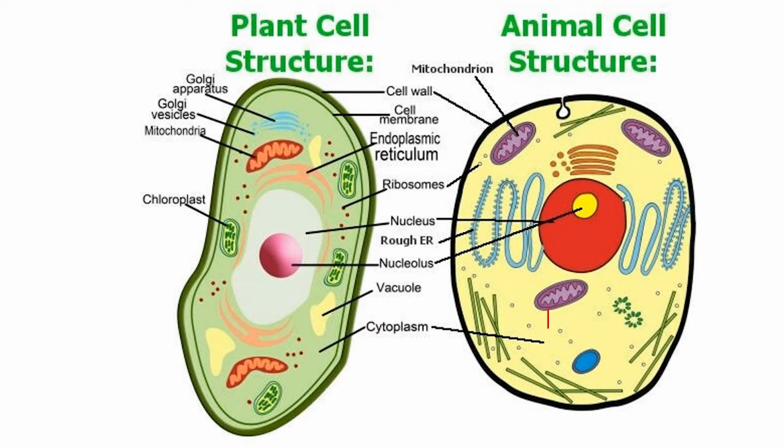So here is one envelope, this is the second membrane. Chloroplast, which is found in the plant cell, also has two membranes. For the nucleus, this is the first membrane and this is the second membrane. So here also two membranes, and the vacuole, which is found only in the plant cell, has a single membrane. So the answer will be vacuole.